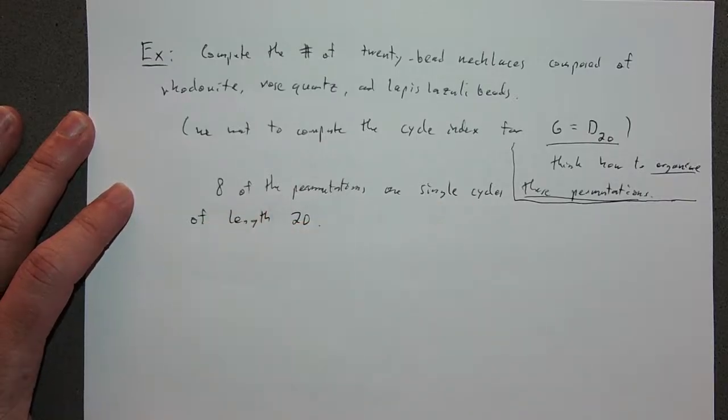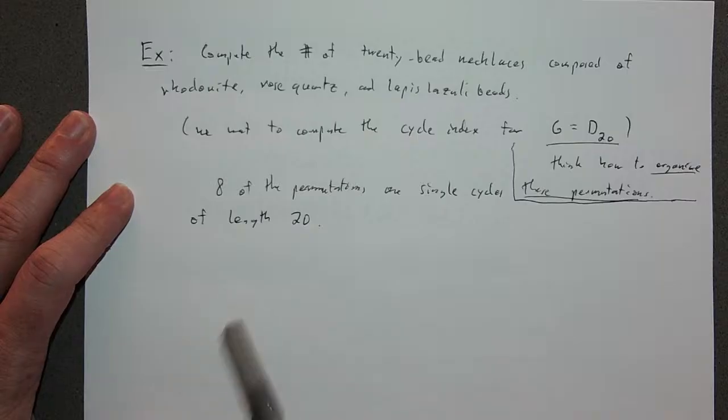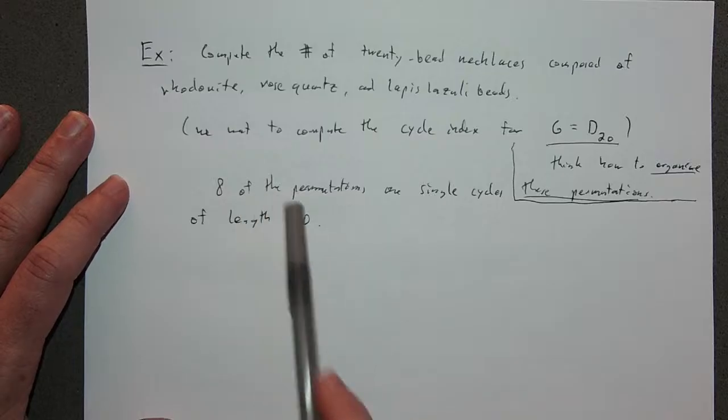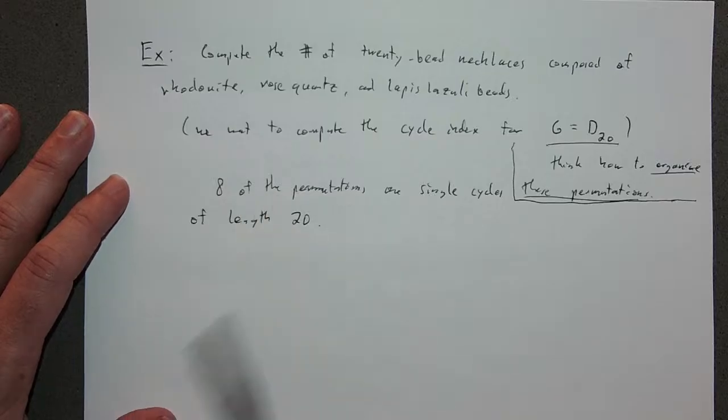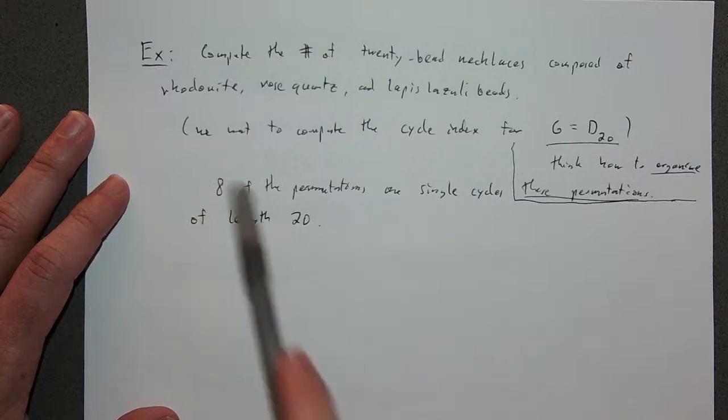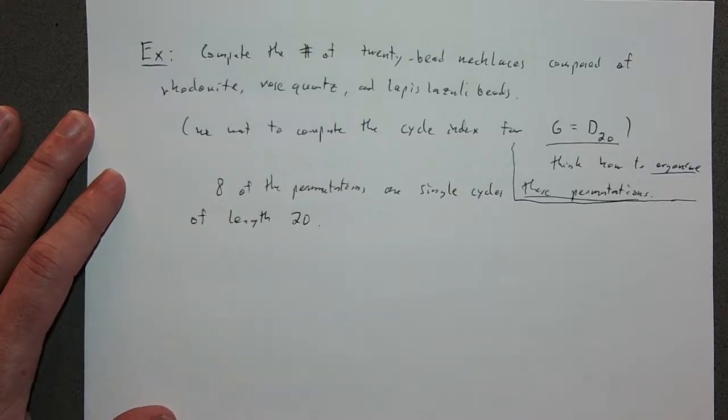How did I get the number 8 of these? I know that at least some of them are, but the question is which of these permutations are single cycles? It's more than just one. It turns out it's actually 8, but where does the 8 come from?